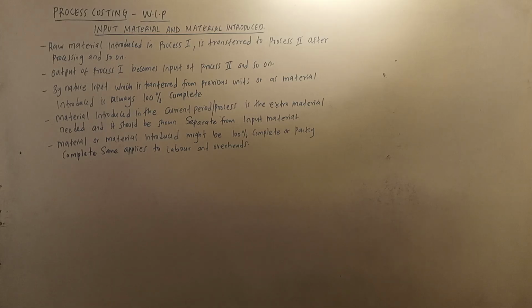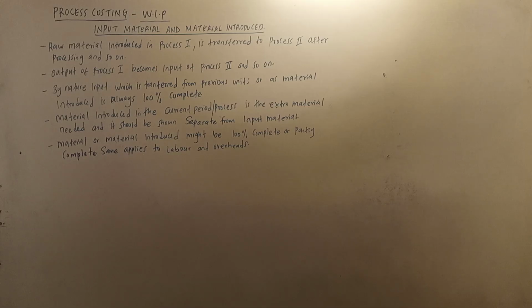Now, we can have inputs and in the same process we can have material introduced. If we have inputs and we have material introduced, we don't mix them. We show them in a separate manner.